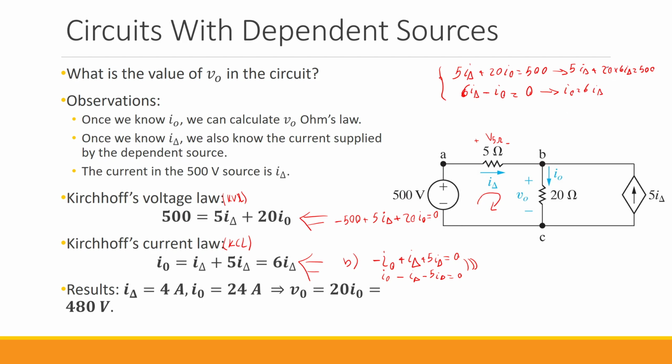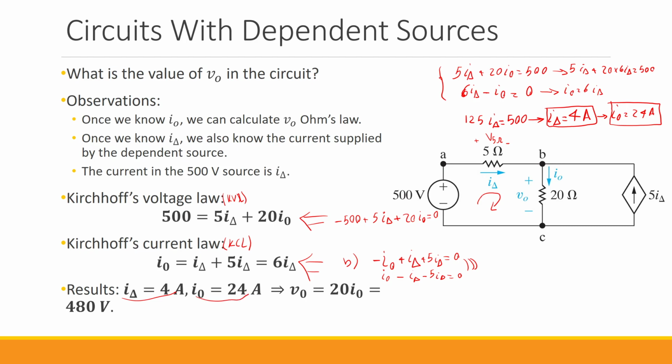So if I do this, that means 125 I delta equals 500, which makes I delta 4 amps. When I delta is 4 amps, since I0 is 6 I delta, that means I0 equals 24 amps. So we have I delta to be 4 amps, I0 to be 24 amps.